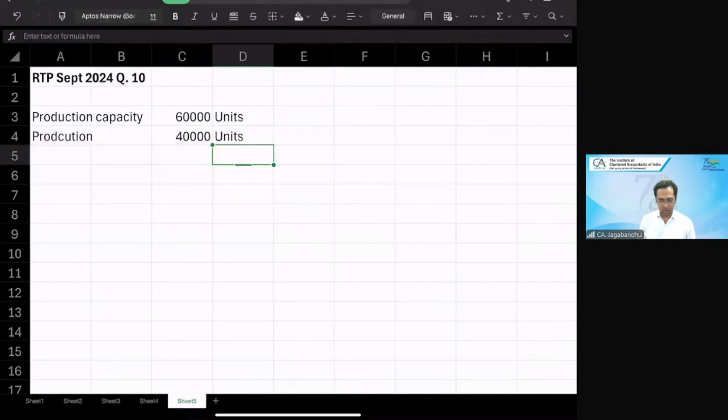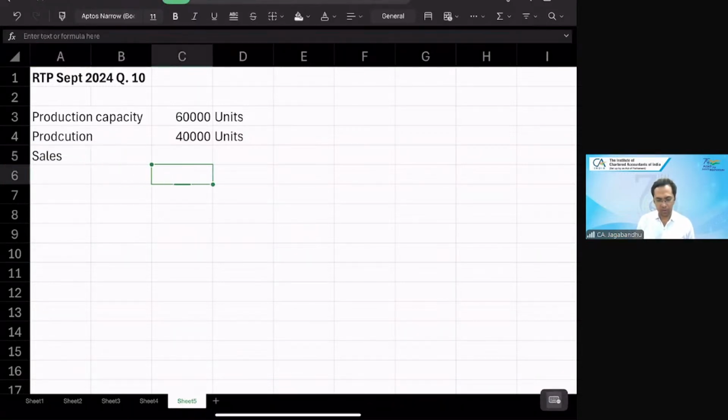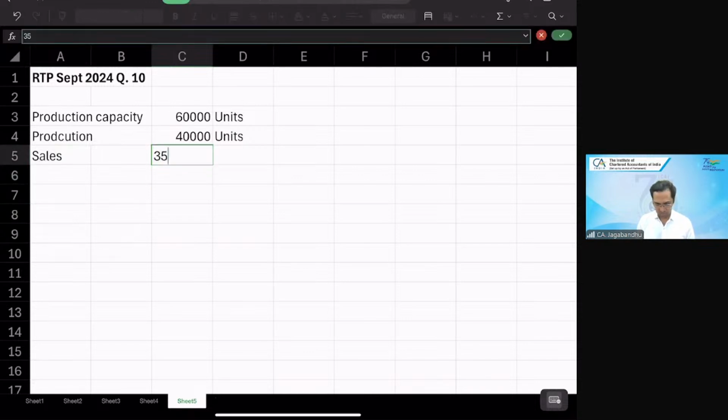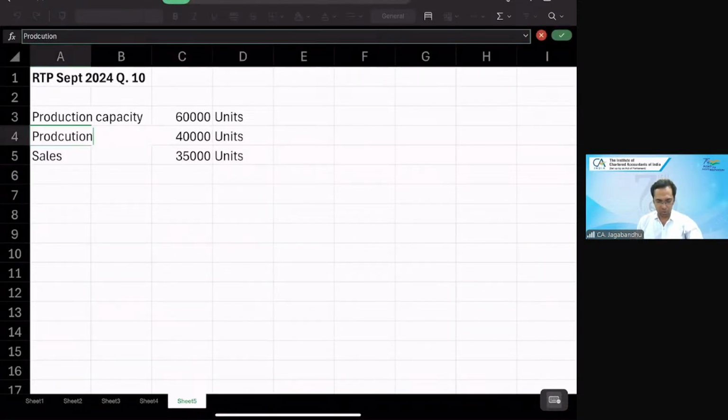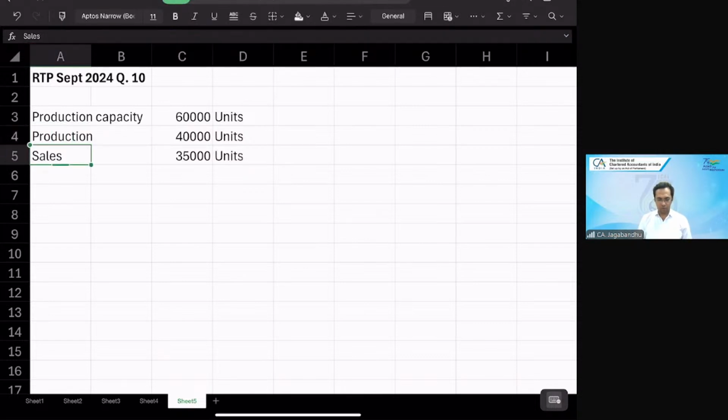Okay. And sales is going to be 35,000 units. Okay, production capacity 60,000 units, production units are basically 40,000 units, and sales is 35,000 units. Okay, these are the units that we have.